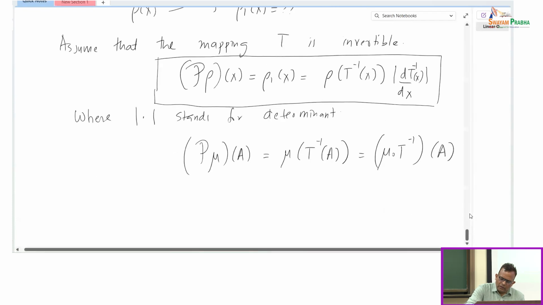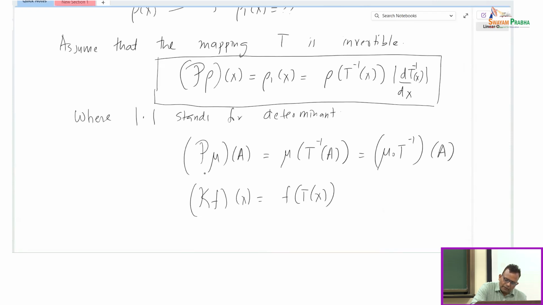So let me just write down the Koopman operator in conjunction with this: f of T of x. You see? So on the space of measures, it looks exactly like, instead of going forward, you're going backward. Right? So we wrote it as T composed with x, but here it is mu composed with T inverse of x.